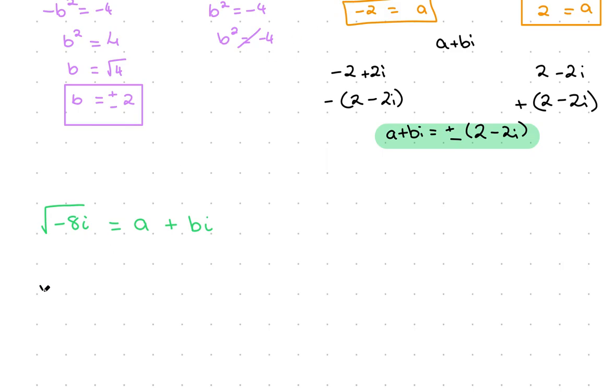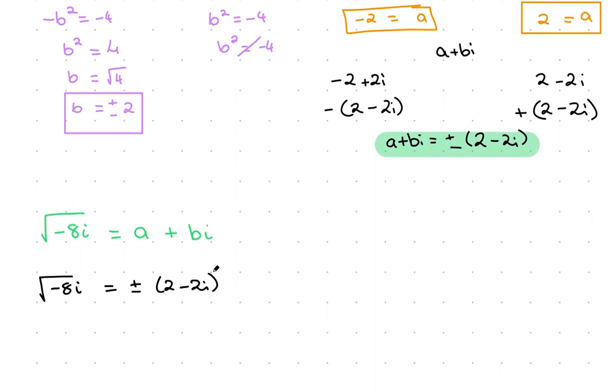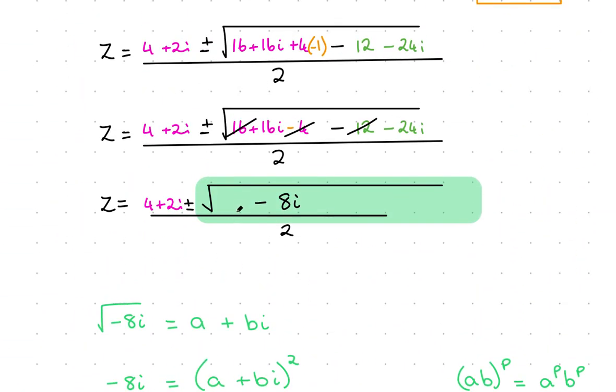But I now know that the square root of minus 8i is actually equal to plus or minus 2 minus 2i. And why is that important and why is it useful? If we go right back up, we can now substitute what we just found out to be the solution of the square root of minus 8i back into this up here.